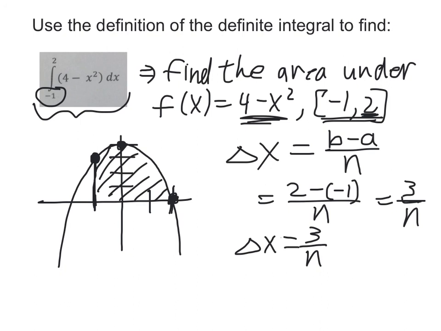Well, as we start with our partition, we know x sub 0 is going to be the -1. But now, this is where it gets a little more complicated. Conceptually, it's kind of difficult to figure out. What is our next x value?